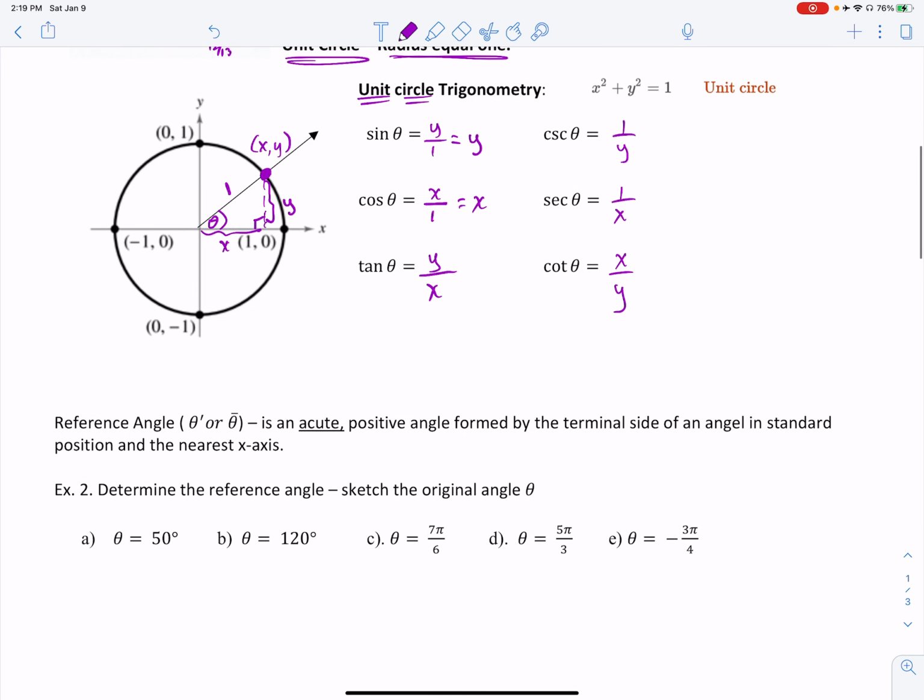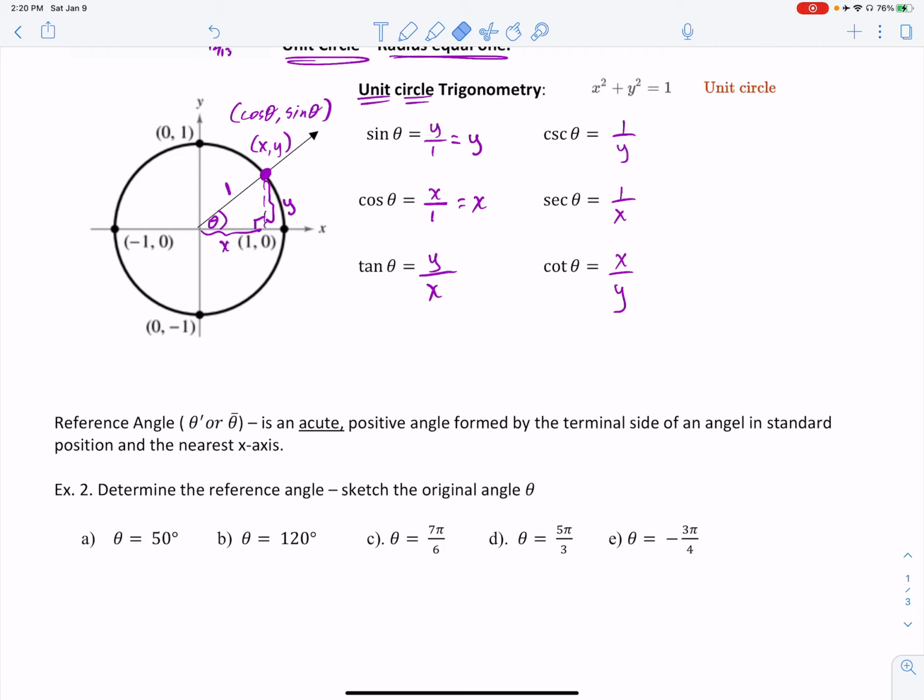Those definitions are going to help us evaluate trig functions on the unit circle. So this right here, x, y, is really cosine of theta, comma, sine of theta. And we'll talk about that again a little bit later.